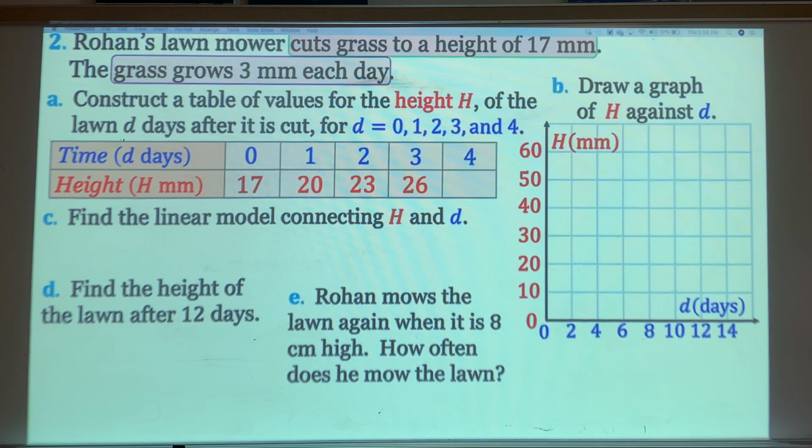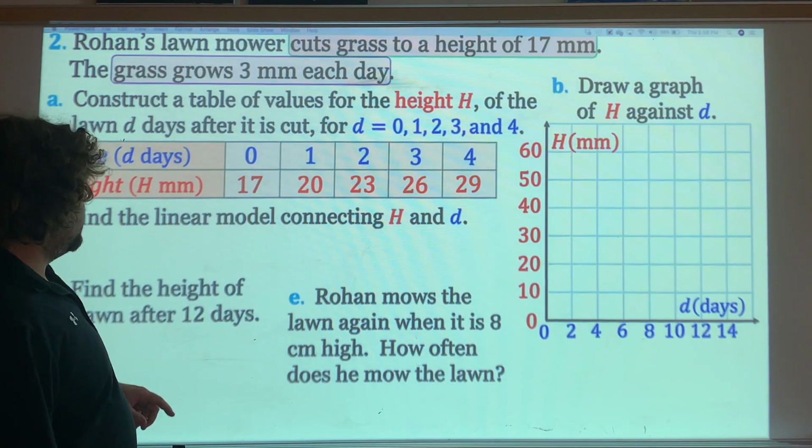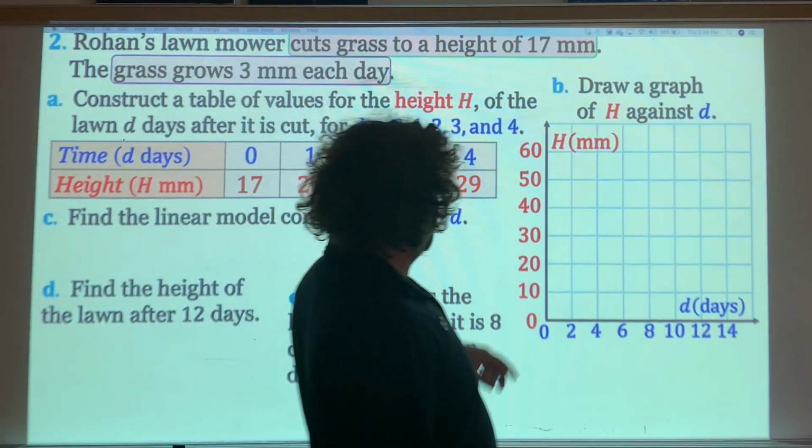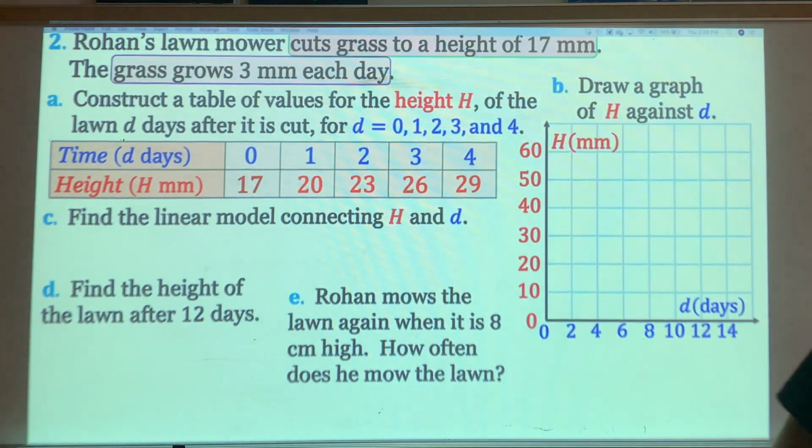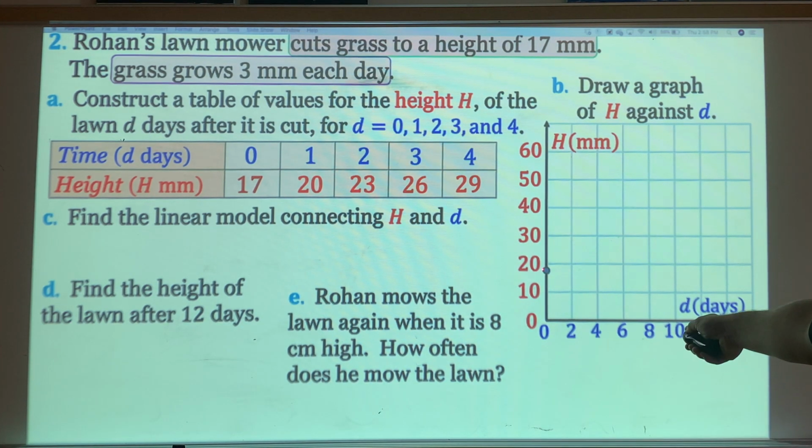Now, find the linear model connecting these two. All right, what that means is, can I create the linear model? Oh, actually, B is draw the graph. So the first thing I do is I put my y-intercept down. My y-intercept is right here at 17.